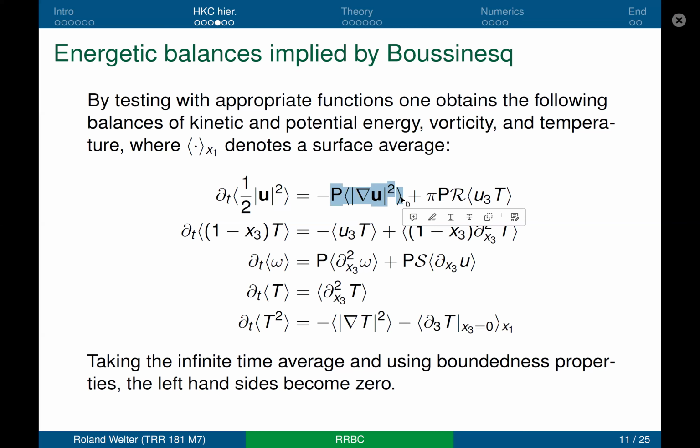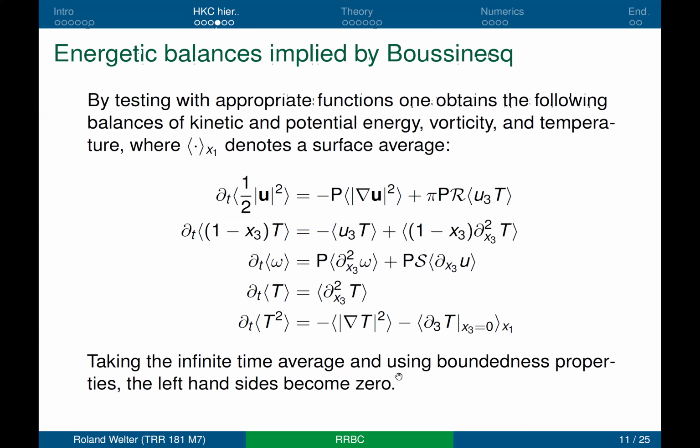You see a dissipative effect of viscosity, but you also see that the kinetic energy can increase due to the buoyancy coupling. And also here's the balance of potential energy. This also has this cross coupling due to the buoyancy force. And then we've got vorticity and temperature fluctuations.